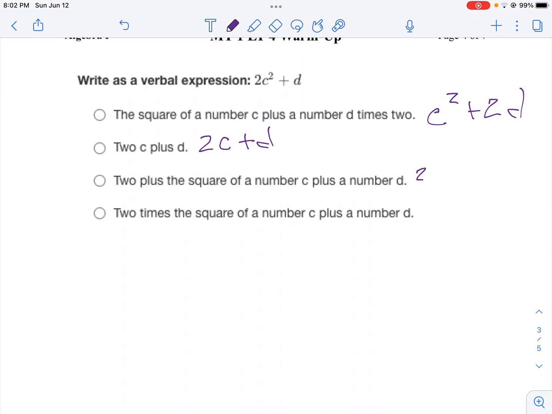So 2 plus the square of a number c and a number d. So I don't think that one works either, because we're adding 2 times the square of a number c, so 2 times c squared plus d, there we have that one. So on that question should be our last choice.